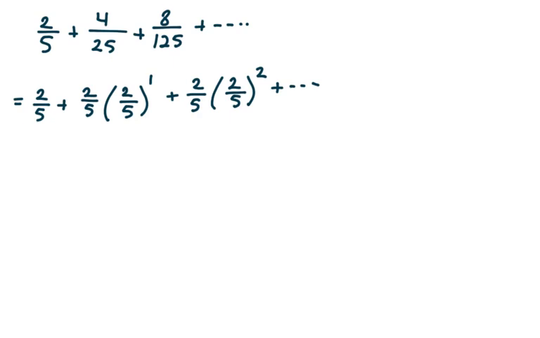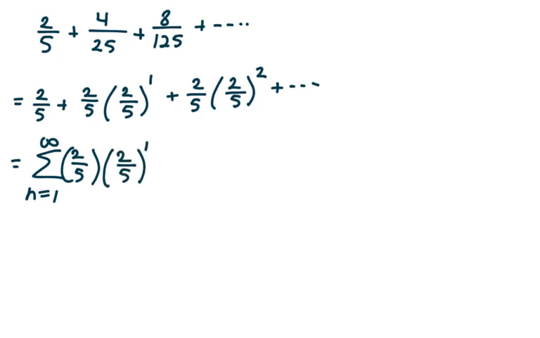Okay? Now, I could write this as the summation from n equal 1 to infinity of 2/5 times 2/5 raised to the n minus 1.